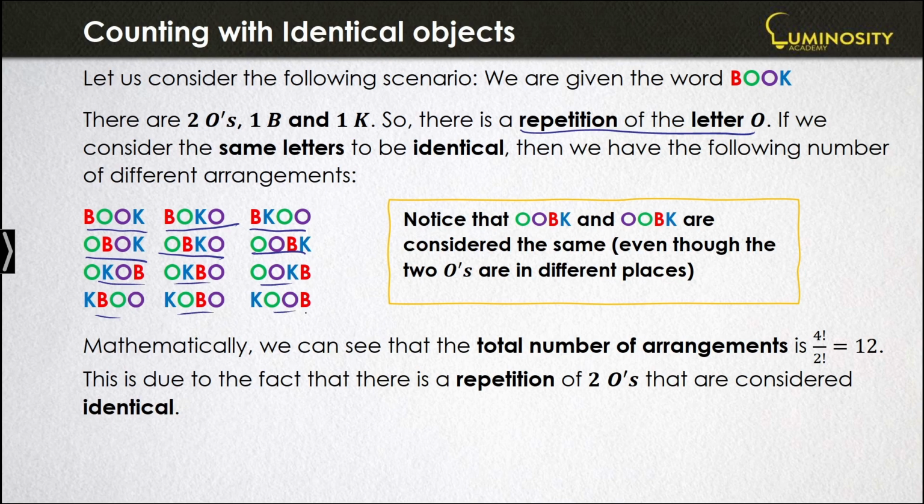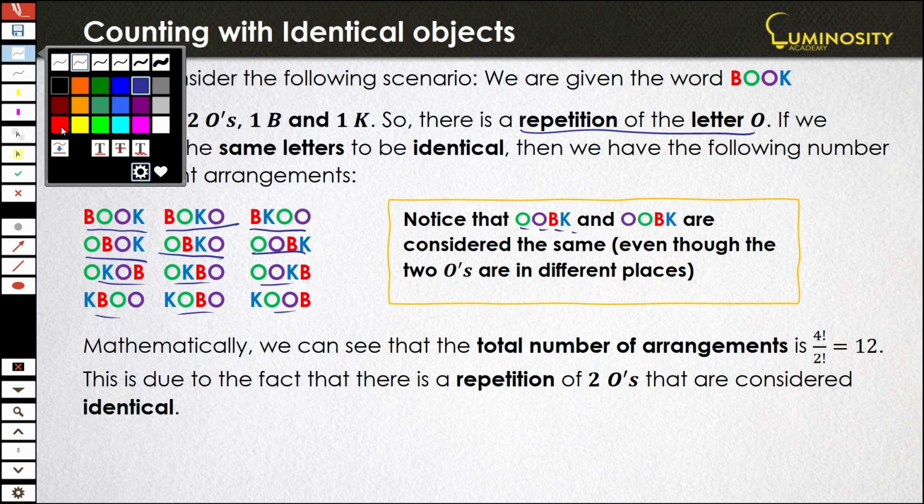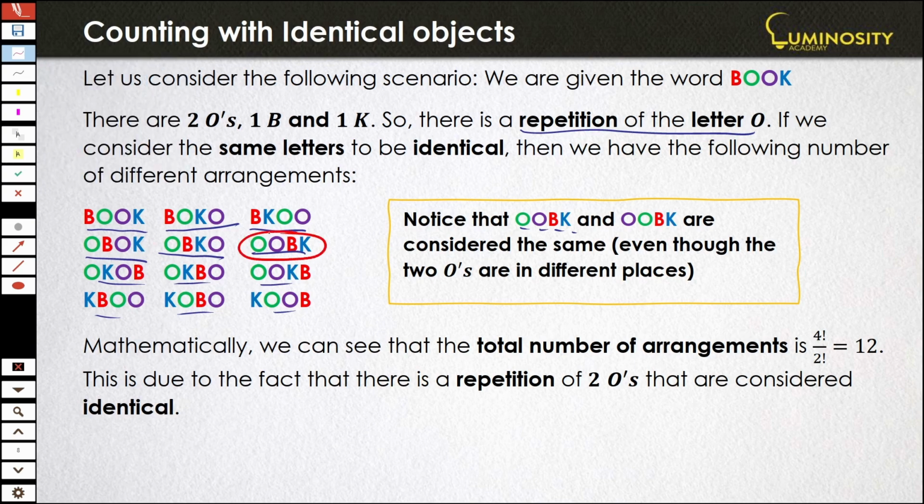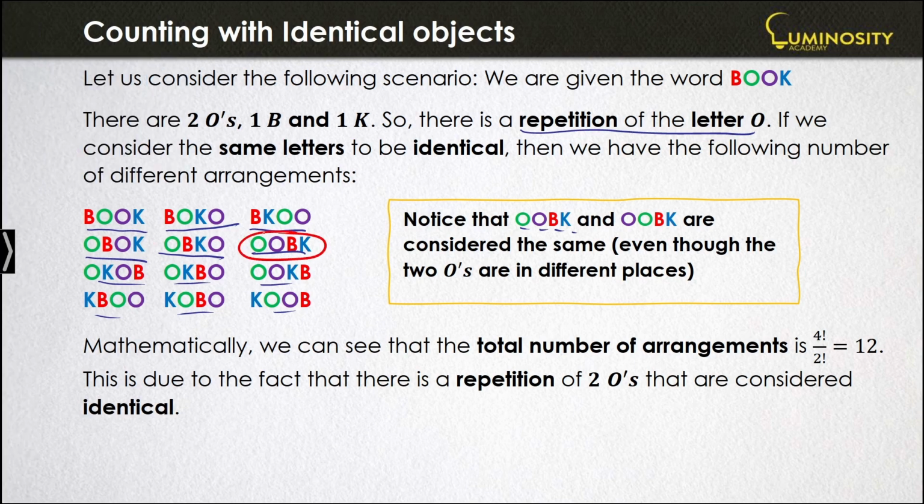So notice that something like OOBK, that's this one here, and this one here, is indistinguishable, so it's considered the same as this one here. They look like they're the same, but can you see the 2 O's have been swapped around?